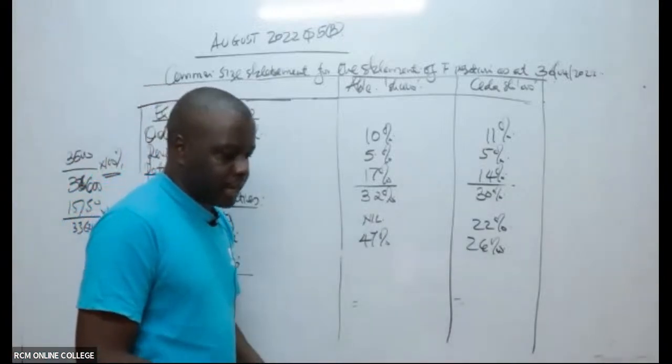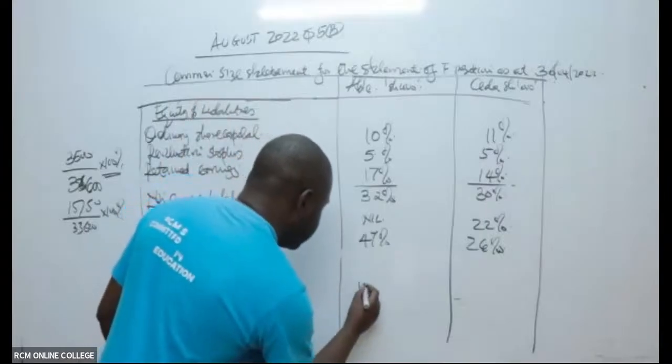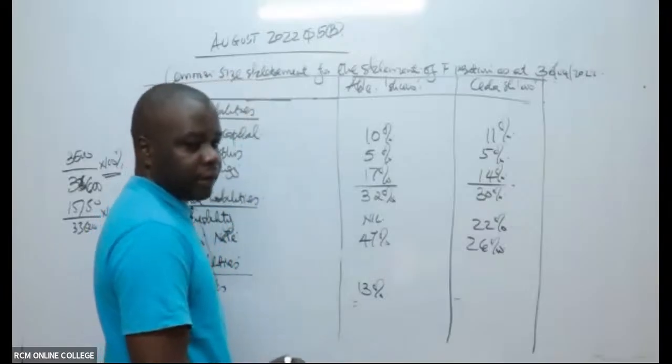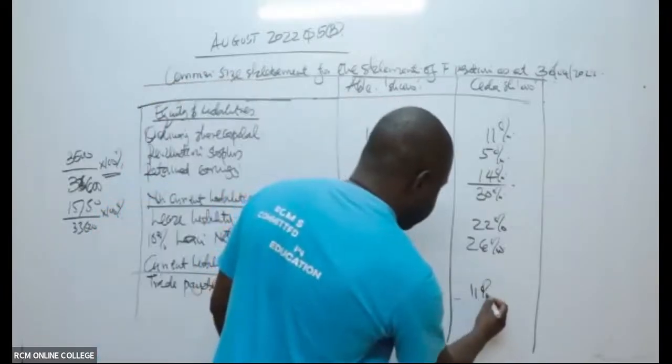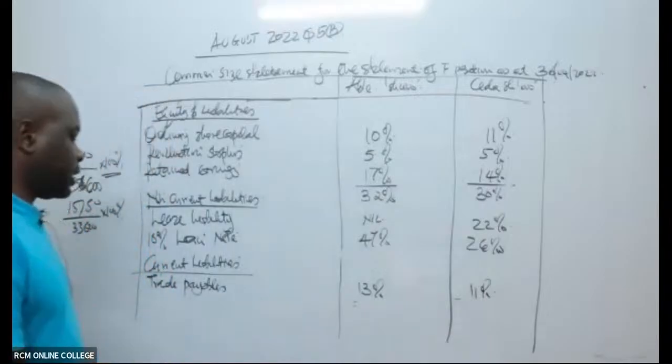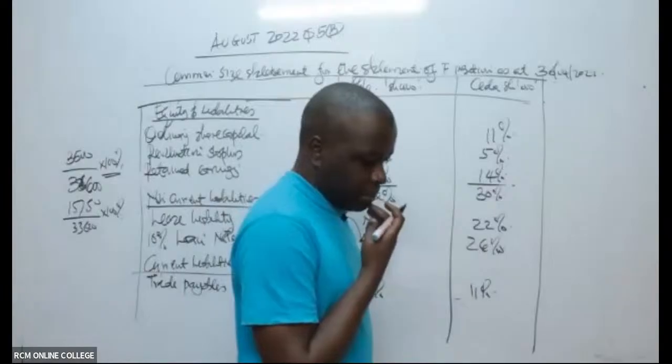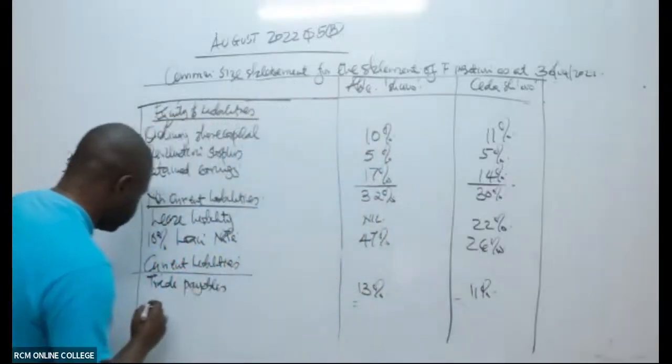There's 13%, and 11%. So after trade payables, we have lease liability and current tax.